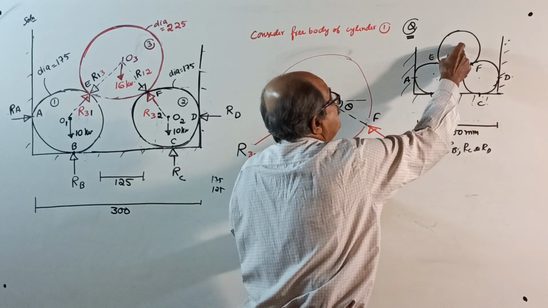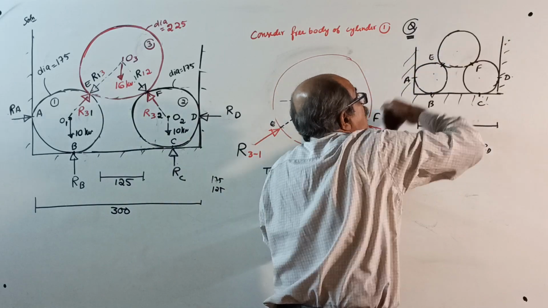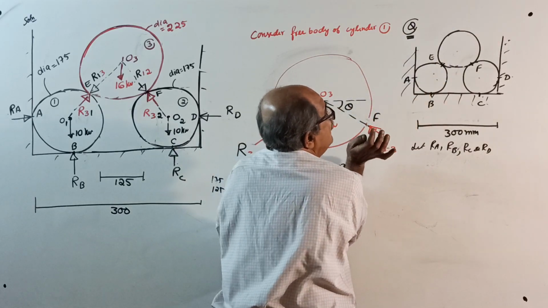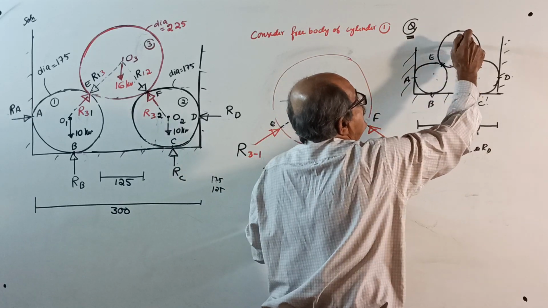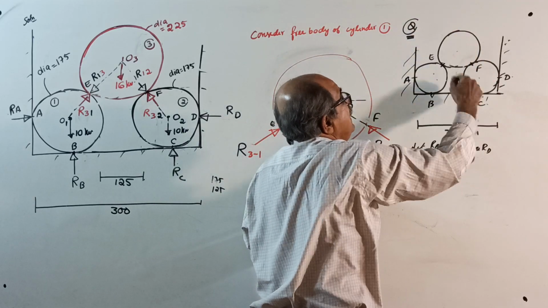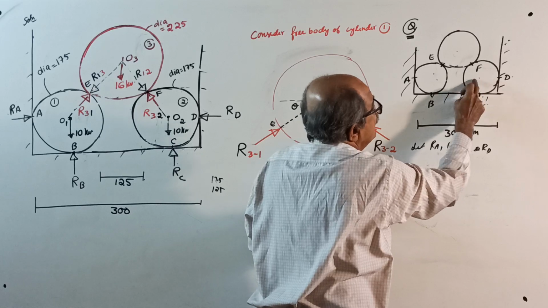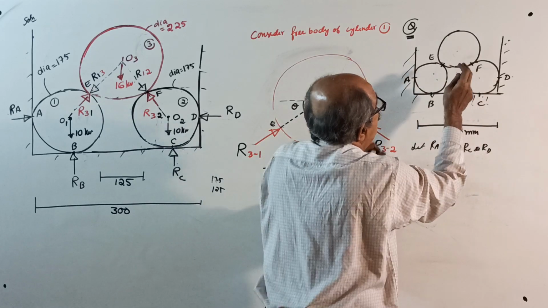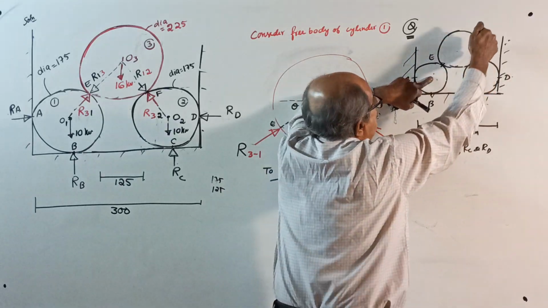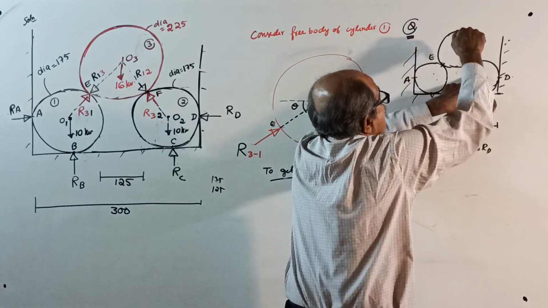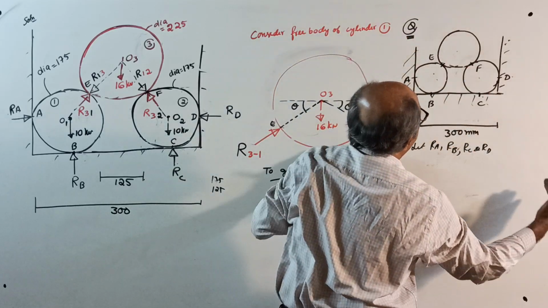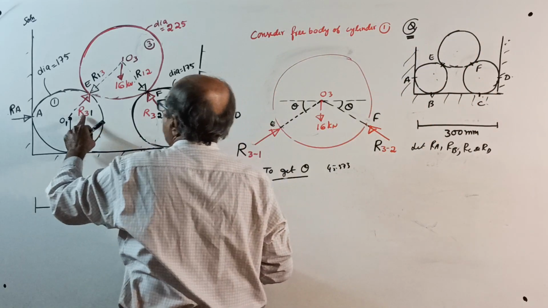The upper cylinder will press this cylinder down and this way, and this cylinder will give reaction this way. For this cylinder, from that, you get a force this way. For that cylinder, from these two, you will get a force this way.